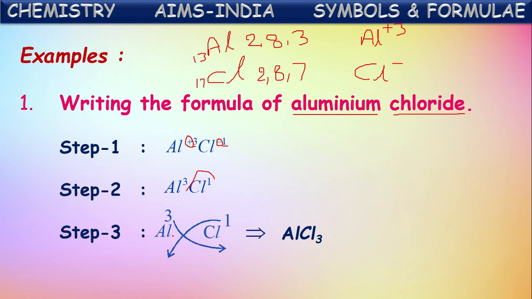Crisscrossing means the valency remained on the second ion should be written at the right bottom of the first ion, and the valency of the first ion remaining should be written at the right bottom of the second ion. If one of these ions is a radical getting a number more than 1, then that radical should be kept in brackets. Okay, in that way we can derive the molecular formula of a chemical compound.